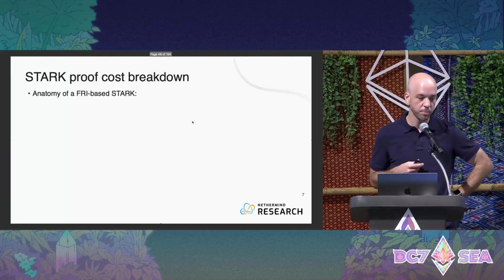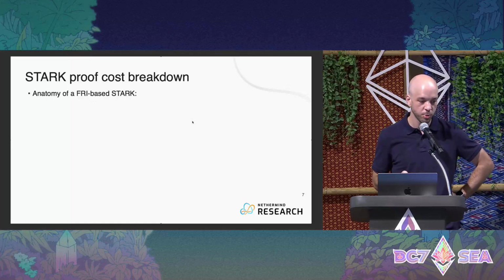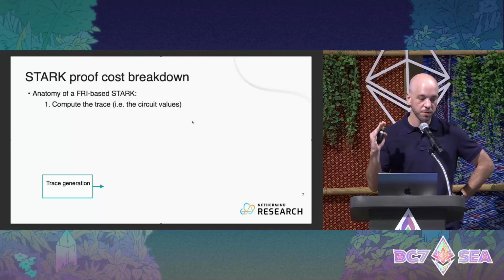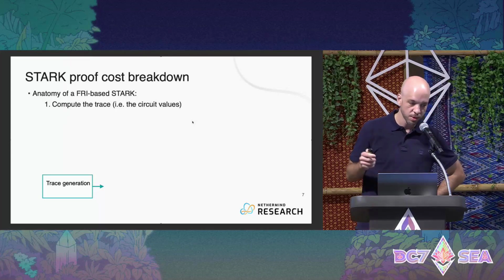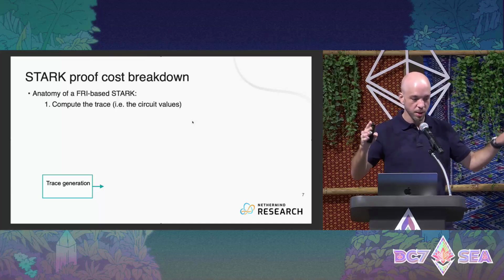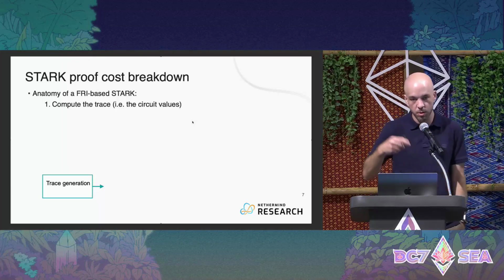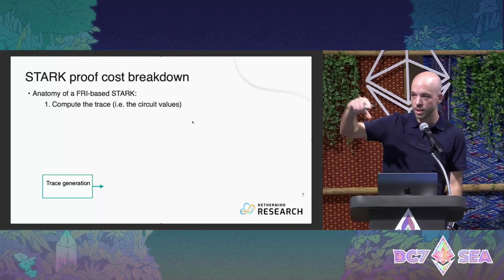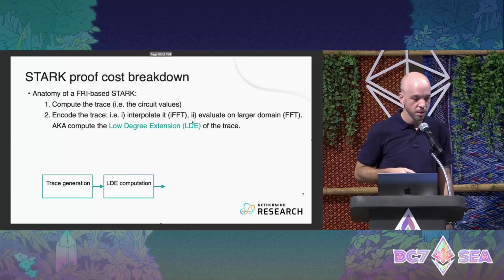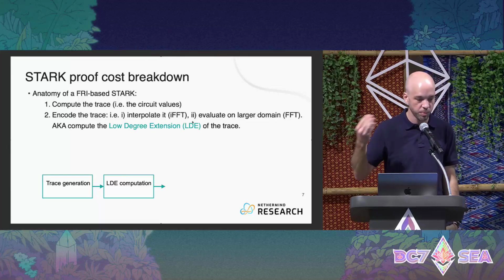So let's look at a cost breakdown of creating STARK proofs. And yeah, let's look first at how a FRI-based STARK works. All these proving systems I mentioned before work as follows. First, the prover computes the trace, or the circuit values, the values in the wires of the circuit. Then it encodes the trace using an error-correcting code, polynomials.